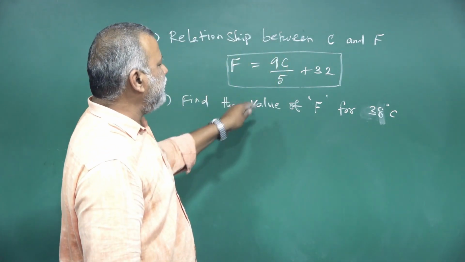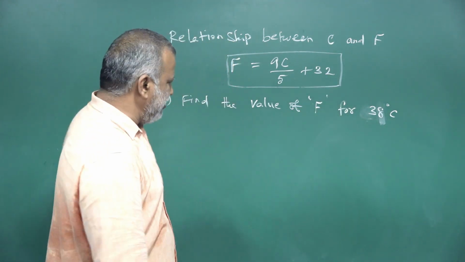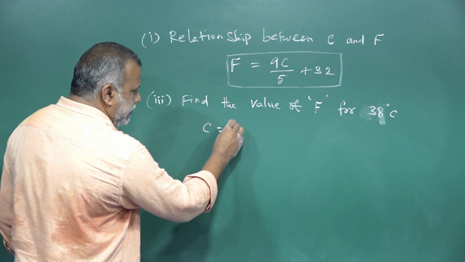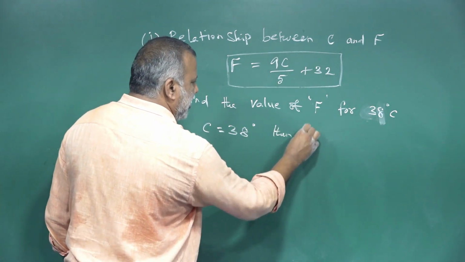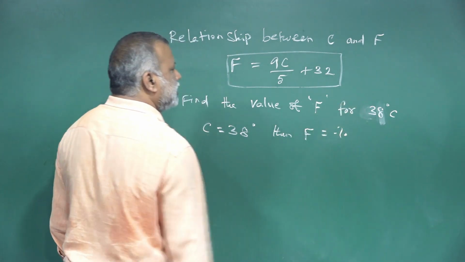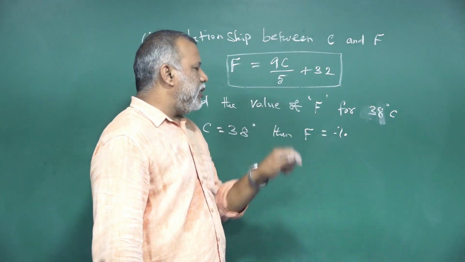Find the value of F for 38 degree centigrade is given. That means C equal to 38 degree. Then F equal to question mark. So we have to substitute the value of C. Then we are able to find the value of F.